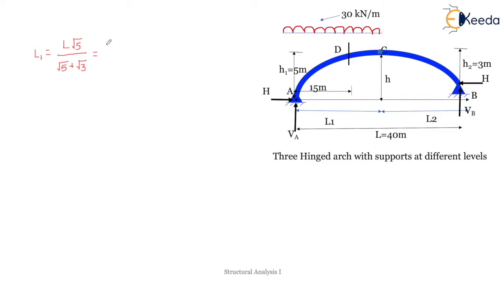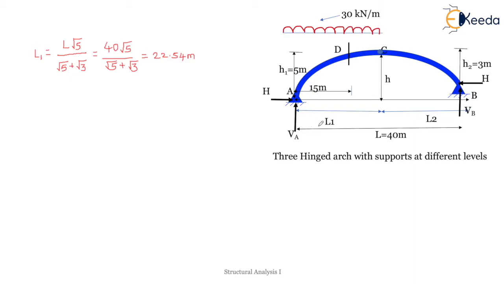L is the full span, and the span length is given as 40. Let us substitute it here: 40 root 5 divided by root 5 plus root 3. After calculation we get 22.54 meter. So this is what we get as L1.